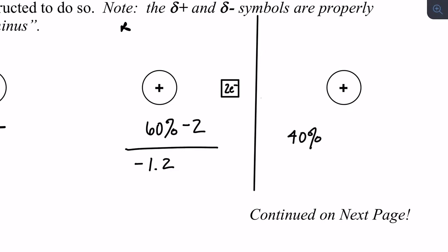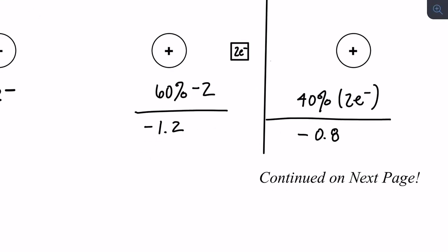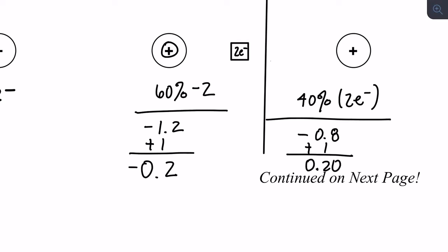And on the other side, conversely, if 60% of it is on the left side, that means 40% of our electron density is on the right side. So times our 2 electrons, times our minus 2. That'll get us a charge of minus 0.8. And so if we add these to our nucleus charge of plus 1, we get a charge here of minus 0.2, and here we get plus 0.2.